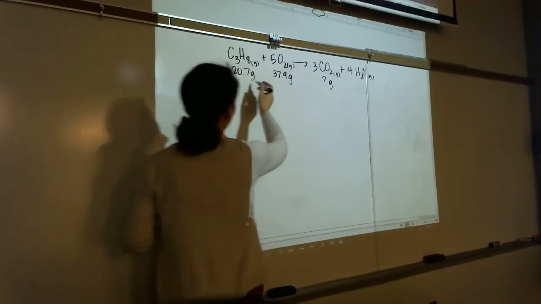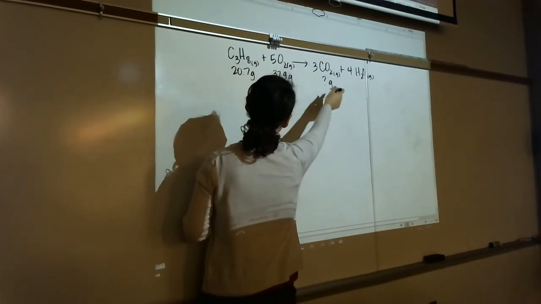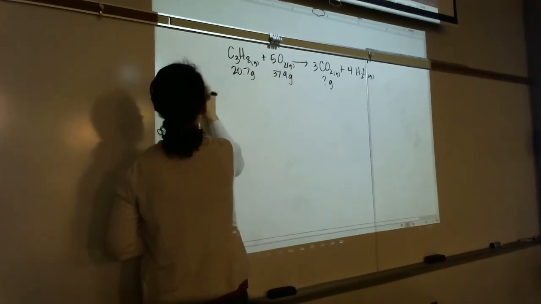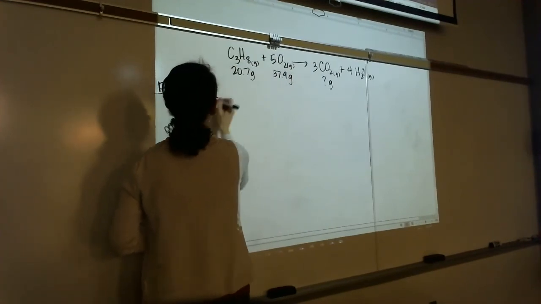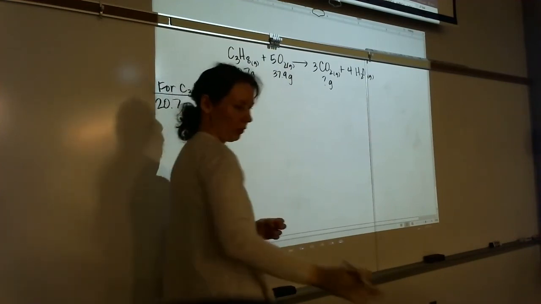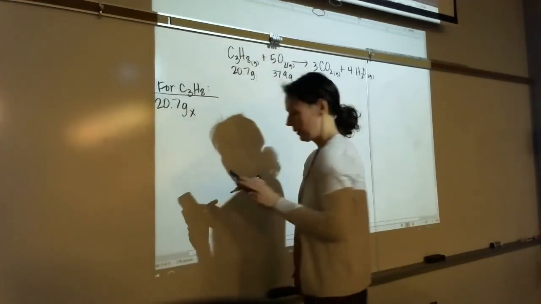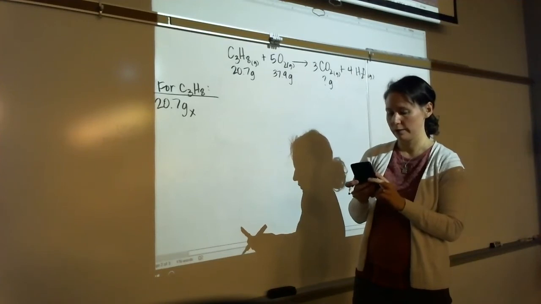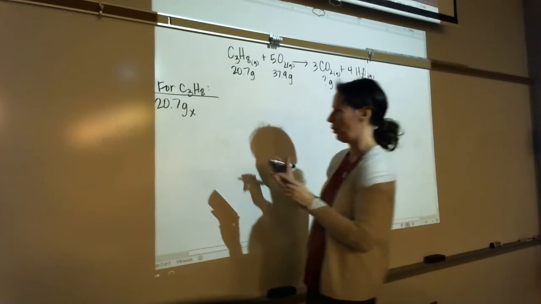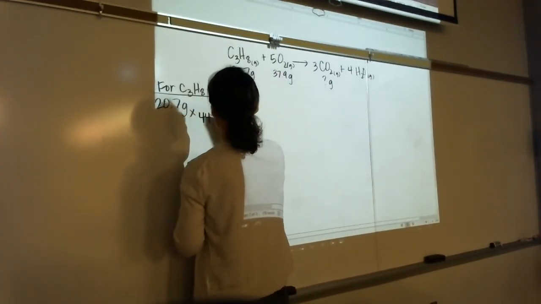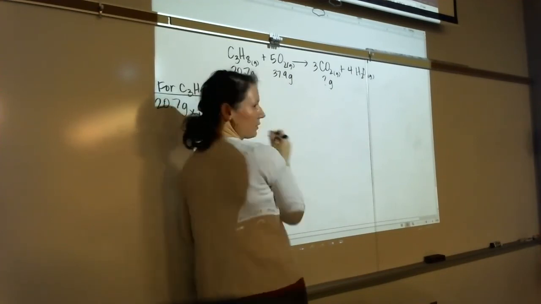We've got to do it propane to carbon dioxide and oxygen gas to carbon dioxide. So for C3H8, here we go. 20.7 grams times, let's calculate the molar mass, 1.008 times 8 plus 12.011 times 3 gives me 44.097 grams per mole. Do we agree on that molar mass?